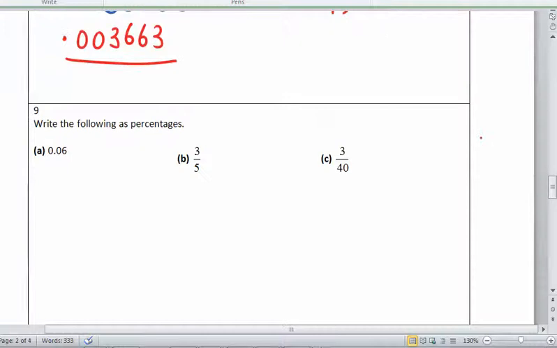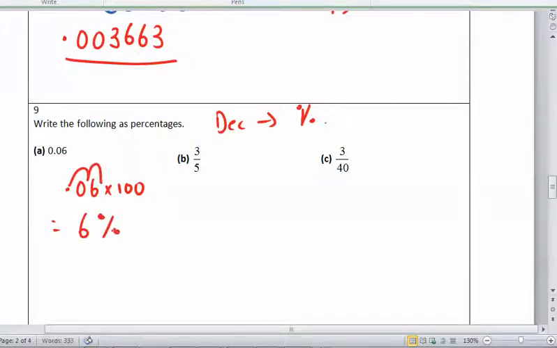Write the following as percentages. These should be pretty easy, because whenever we have a decimal to percentage, we just times by 100. So 0.06 times by 100 is equal to 126%. Hands up if you got that right.